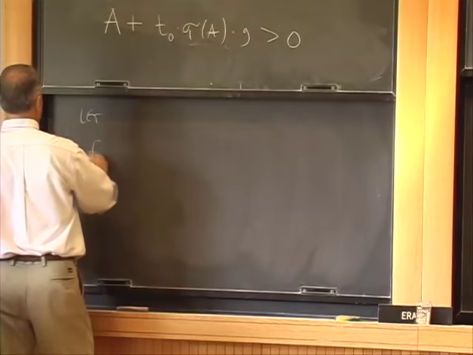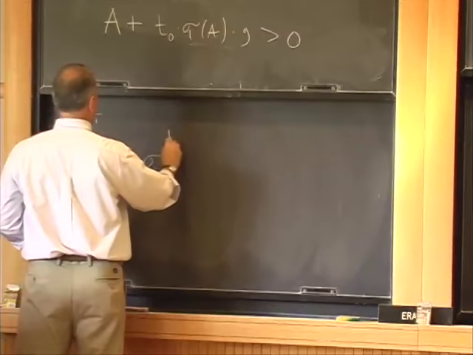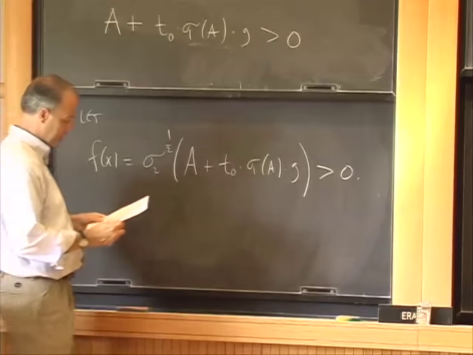Let me explain a little more carefully. Let f of x be the square root of sigma 2 of A plus t naught times sigma 1 of A g. This is positive definite, so if I take sigma 2 of it, I get a positive number, right? A positive function.